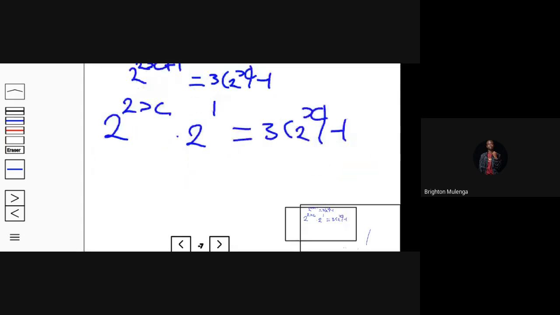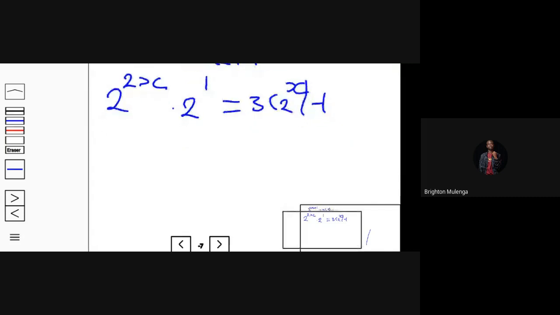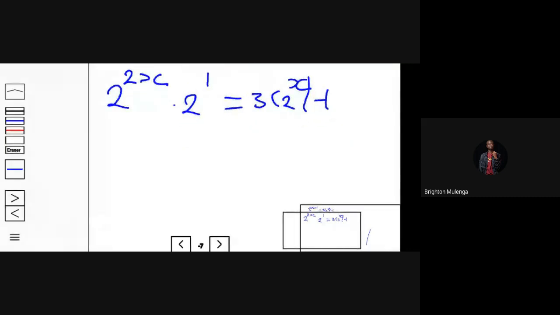So here I was thinking we can say 2 to the power x, then you put that in brackets, then multiply by 2. I meant the 2 to the power x, put it in brackets, then the 2 should be outside.